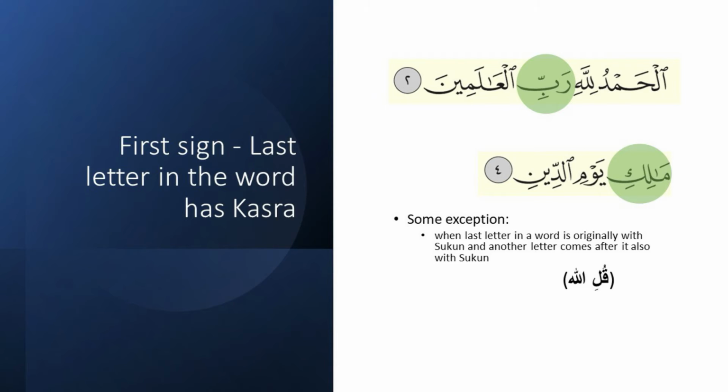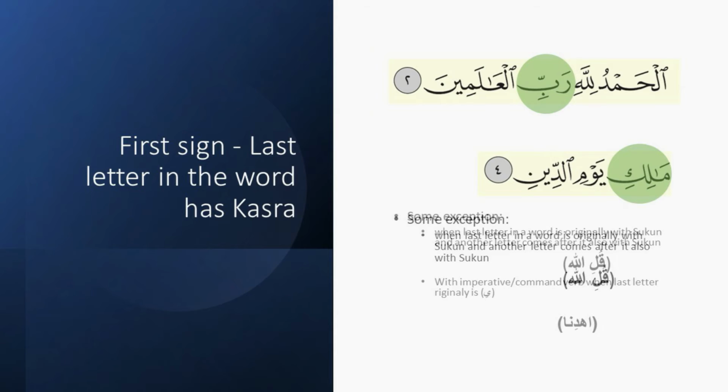Here in this situation, they would most of the time put kasra on the first letter. We say, for example, qulillah. Originally, it's qul. And then you have Allah starting with a harf mushaddad, which is basically a sukun. So you have two sukuns, you can't pronounce that in Arabic, and therefore they say qulillah.